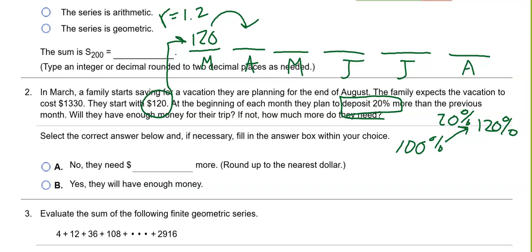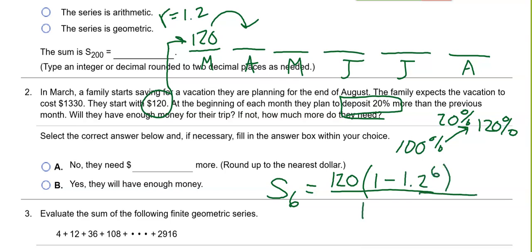Okay. So now when I go to find the total amount for all 6 months together, first term is 120. And then I know that I have 1 minus 1.2 to the 6th power over 1 minus 1.2.